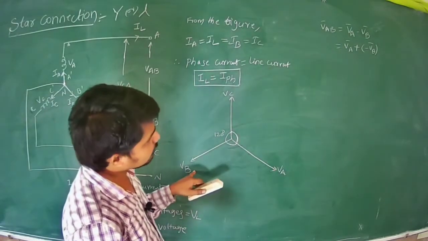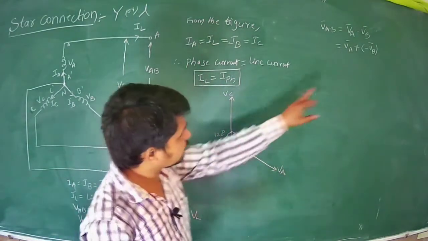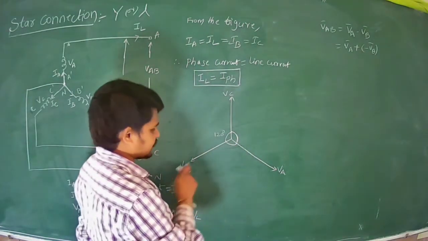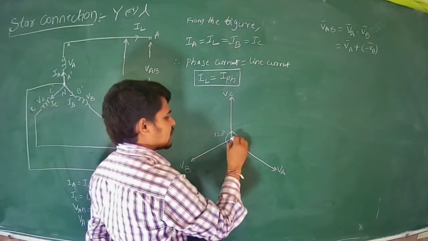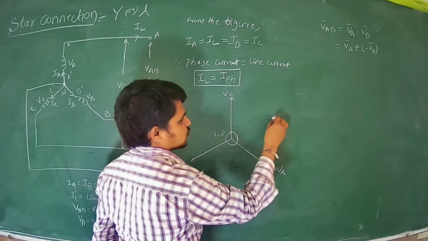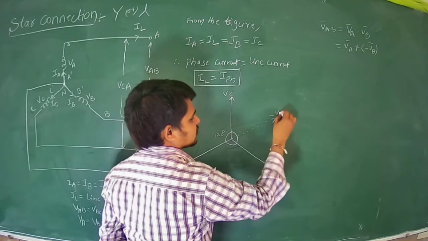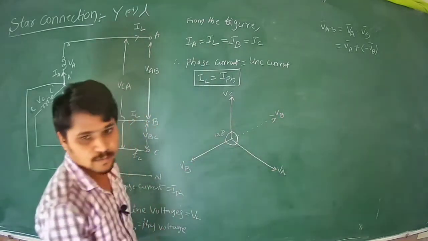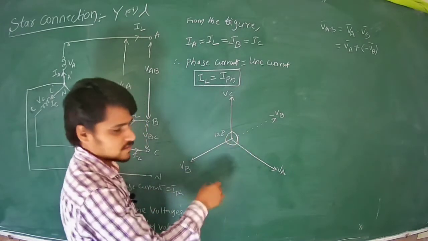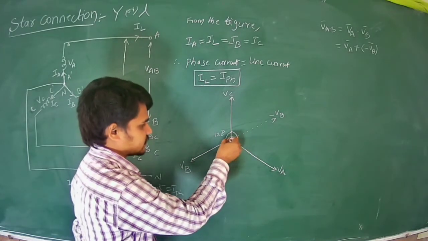So I am adding the minus VB vector to the VA vector. This is the VA vector. If this is the VB vector, then the minus VB vector is exactly 180 degrees phase shifted.